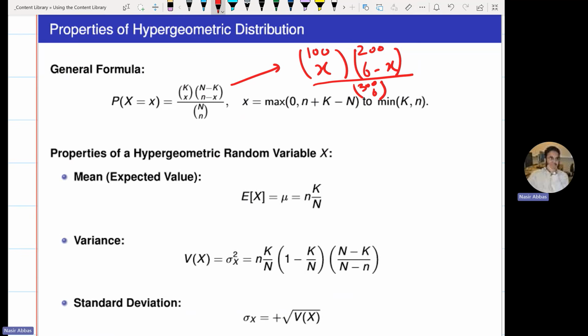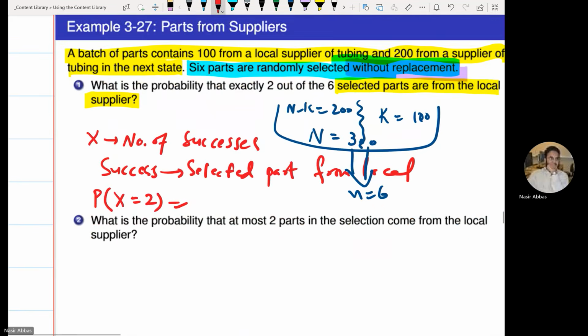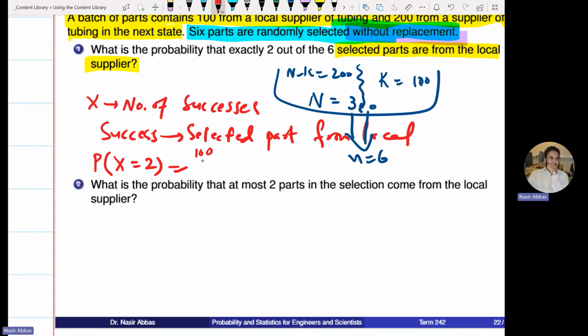What do I want? Probability of x equals 2. So it is 100 combination 2, 200 combination 4, over 300 combination 6. The calculator will do the job for you. From this moment onwards, get these 3 numbers from the calculator, and that's it.